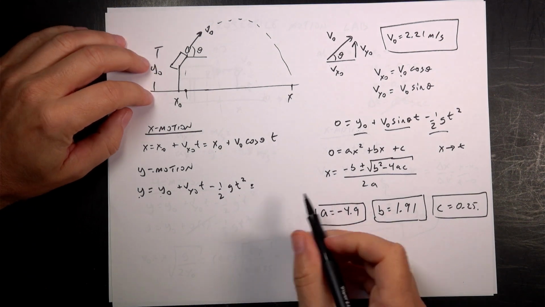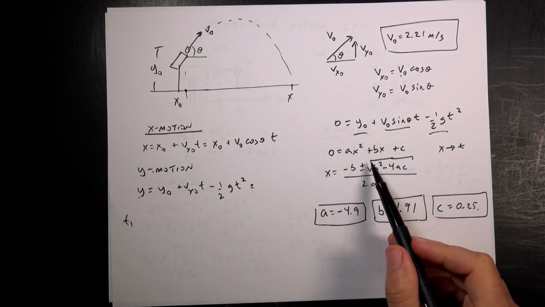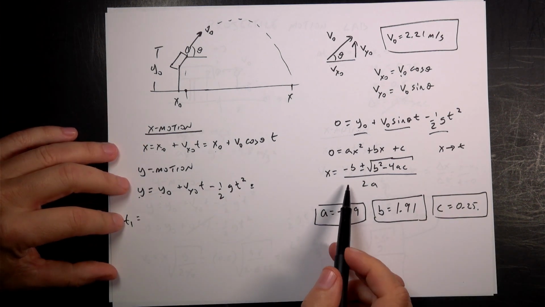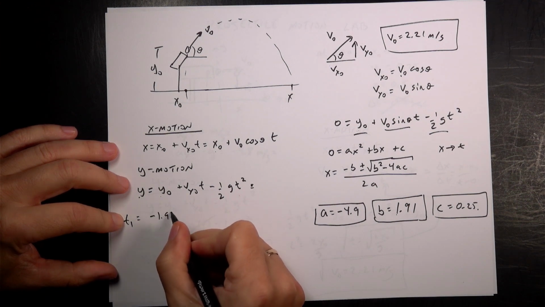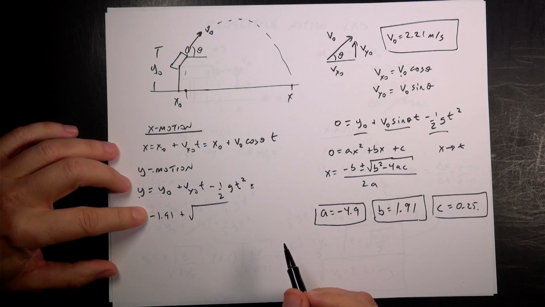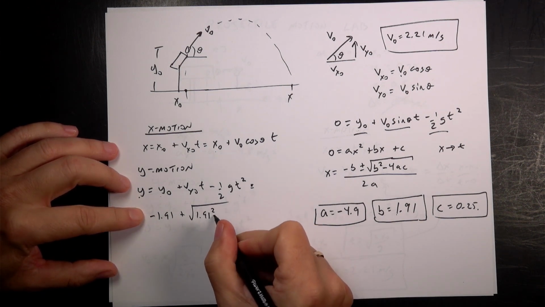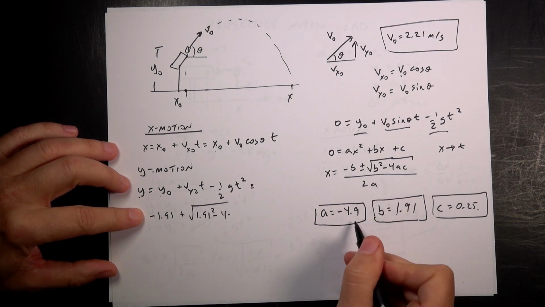Okay, so now let's calculate t1. We're going to get 2 times because I have a plus or minus. So I'm going to do the plus first. So t1 is going to be negative b, which is negative 1.91, plus the square root of b squared. I'm not going to put the negative because I don't need to. 1.91 squared minus 4 times a, which is negative 4.9.